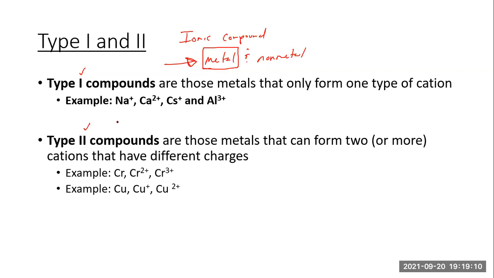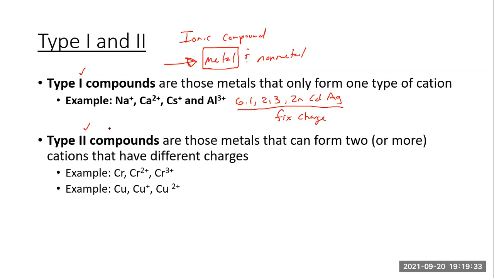So what is the difference between those? A type 1 compound is basically where the metal comes from group 1, 2, 3, or it's zinc, cadmium, or silver. And what all these have in common is that the positive guy has a fixed charge. So it has a fixed positive charge.